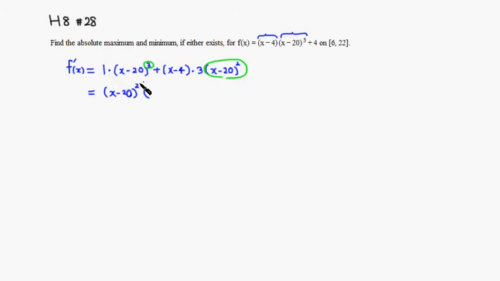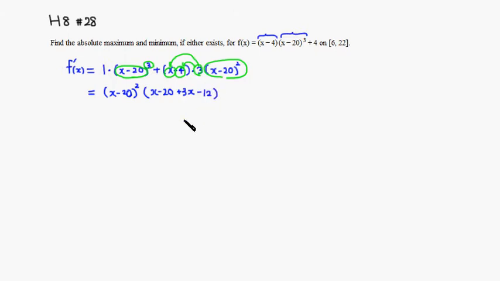From the first term you still have x minus 20, so that takes care of this guy right here. Then you have a 3 distributed to x, so plus 3x, and then you can distribute 3 to negative 4, so that will be negative 12 there.